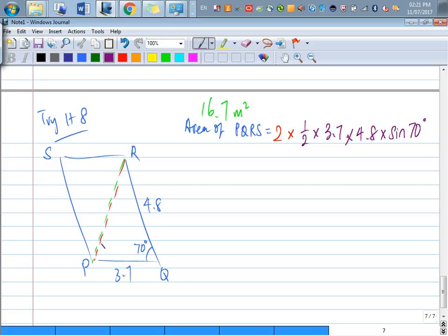Okay, let me use another color. Purple color numbers for the purple color area.